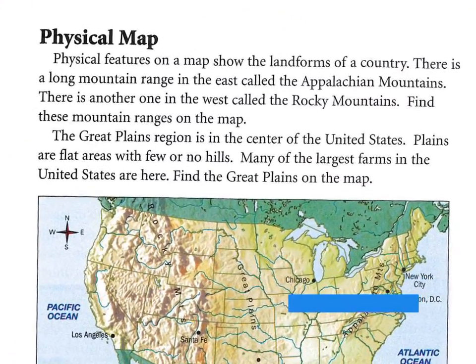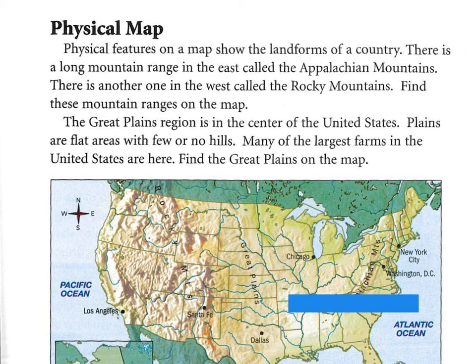Physical map. Physical features on a map show the landforms of a country. There is a long mountain range in the east called the Appalachian Mountains. There is another one in the west called the Rocky Mountains. Find these mountain ranges on the map.